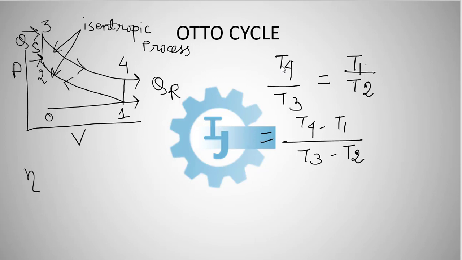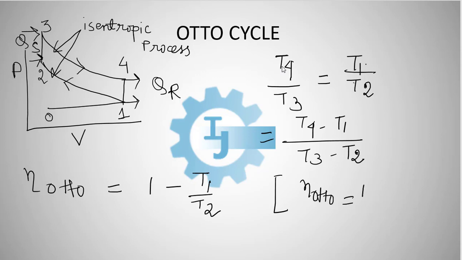So, efficiency of Otto cycle will be 1 minus T1 by T2, because we have written previously efficiency of Otto cycle equals 1 minus (T4 minus T1) divided by (T3 minus T2).